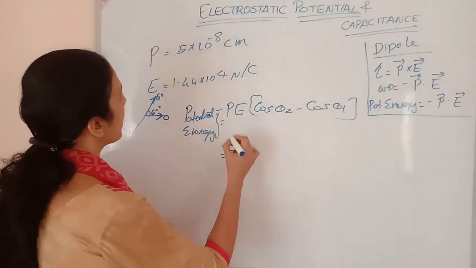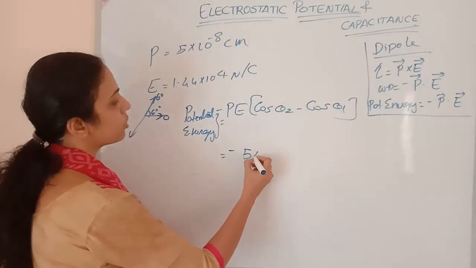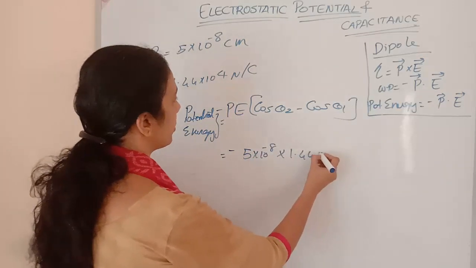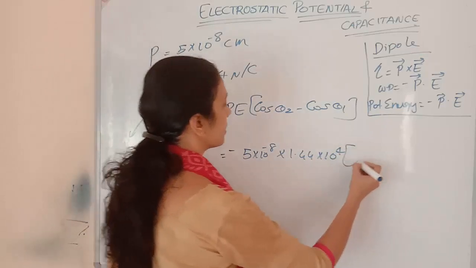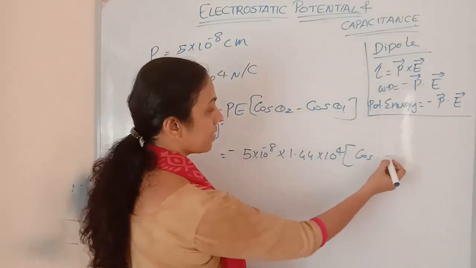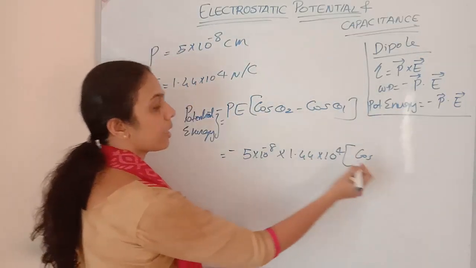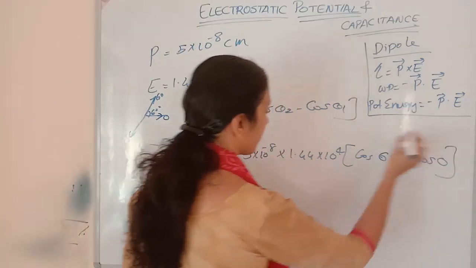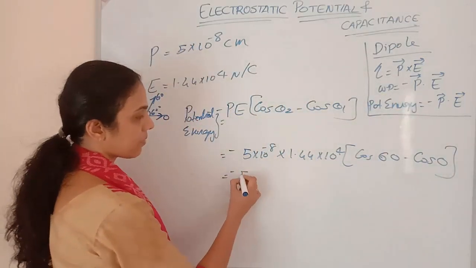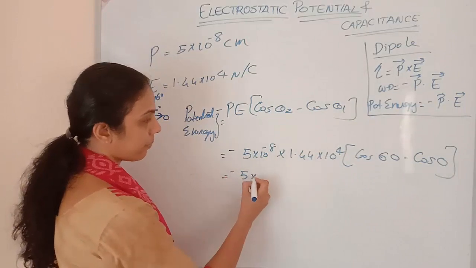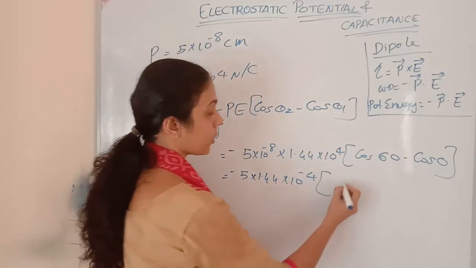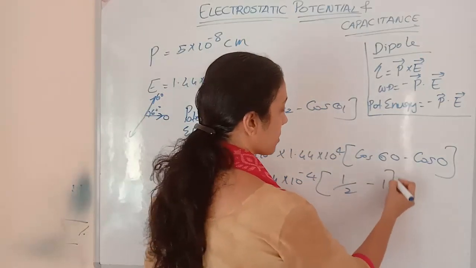So P is given as 5 into 10 to the power minus 8. E is given as 1.44 into 10 to the power 4. Theta 2 is now 60 degree and initially it was 0. So we get minus 5 into 1.44 into 10 to the power minus 4, cos 60 is 1 by 2, minus cos 0 is 1.